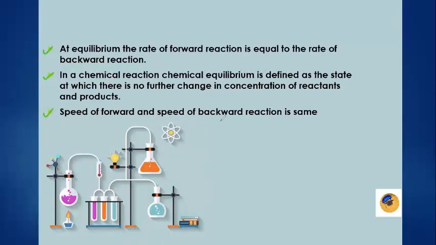The speed of the forward and backward reactions is the same. When we have N2 plus 3H2 reversibly giving 2NH3, the rate of the forward reaction, nitrogen plus hydrogen giving ammonia, will be equal to the rate of ammonia decomposing to form nitrogen and hydrogen.